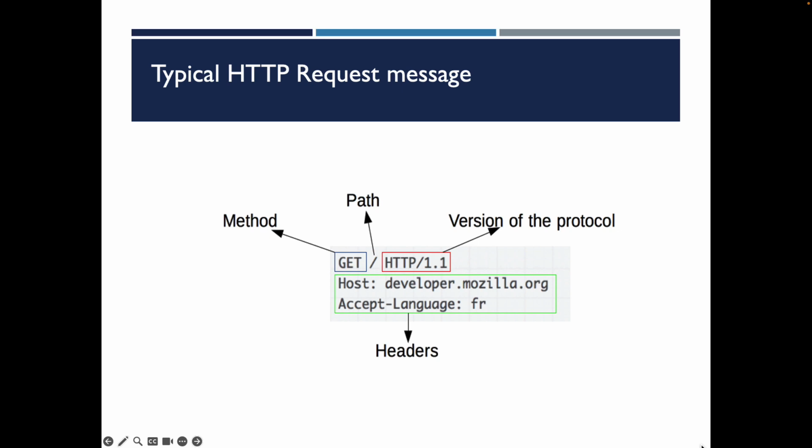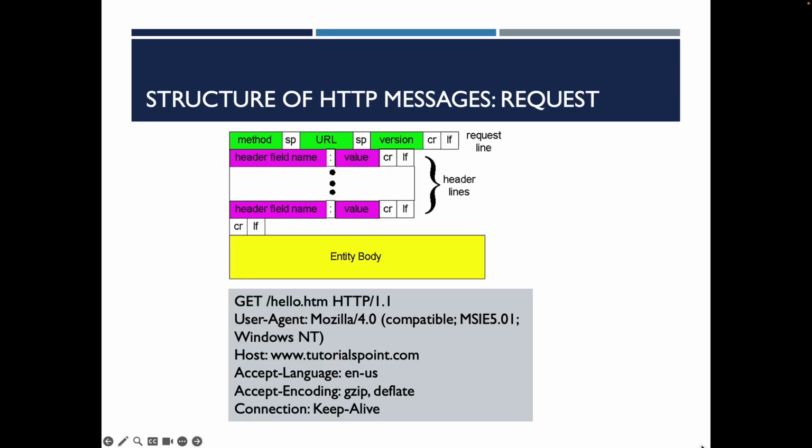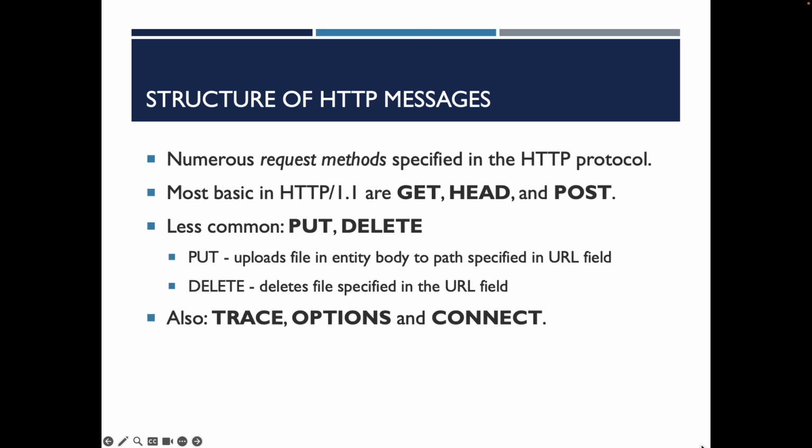This is the reference to the file, and then the scheme or version of the protocol. In the second line of the GET request is the host, which host the file should come from, and then there can be other things such as what language to accept. That is the HTTP request, and this is a longer version of that request.